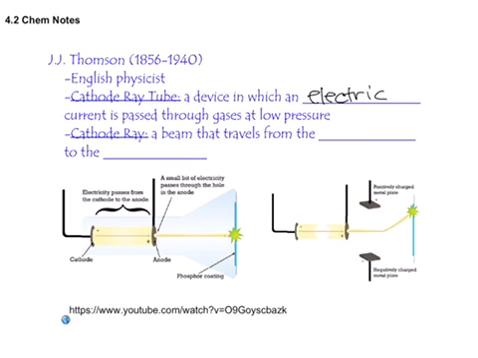The cathode ray is a beam that travels from the cathode end to the anode end. And so you can see here the cathode end, it's got this minus side because the cathode end is the negative side, and the anode end is positive. And so there's some electricity being passed through there.